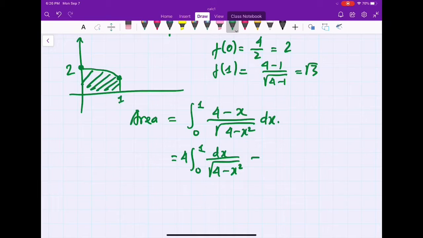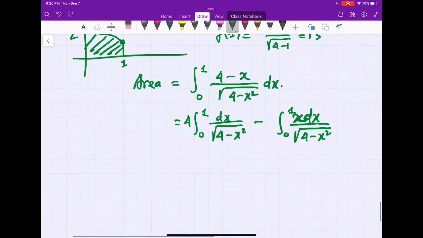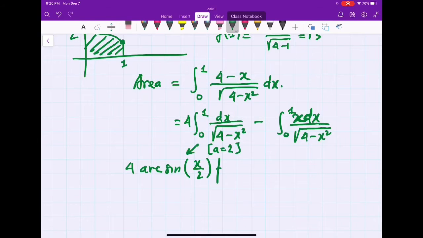Another one is minus the integral from 0 to 1 of x dx over square root of 4 minus x squared. The first integral is 4 arcsine of x over 2, because a is 2, okay, evaluated from 0 to 1.